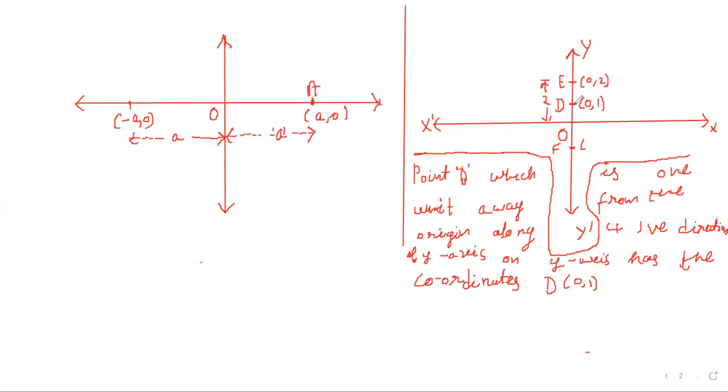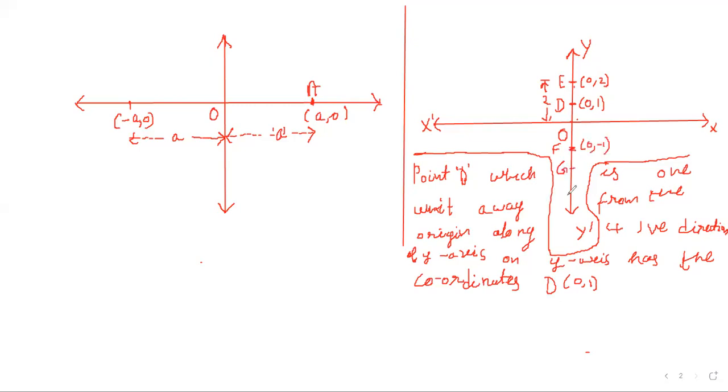So if we move along the positive direction of the y-axis, the point which is 1 unit away from the origin has the coordinates D (0, 1). The point which is 2 units away from the origin along the positive direction of the y-axis has the coordinates (0, 2). And the point which lies 1 unit away from the origin along the negative direction of the y-axis has the coordinates (0, -1).